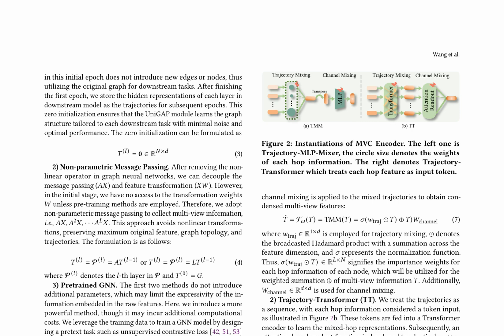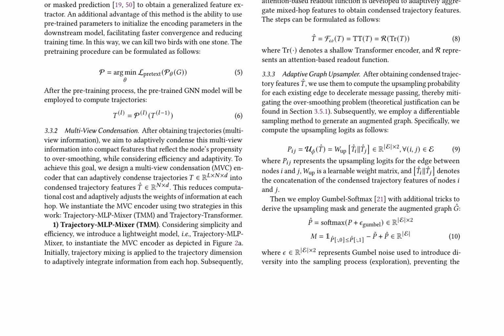Initially, trajectories encompassing multiview information of each node are computed using the trajectory precomputation module. These trajectories are then processed by the MVC encoder to obtain condensed information, which is used to compute node insertion probabilities between each pair. A differentiable upsampling operation is employed to obtain the augmented graph, which is input into the downstream model for specific tasks.